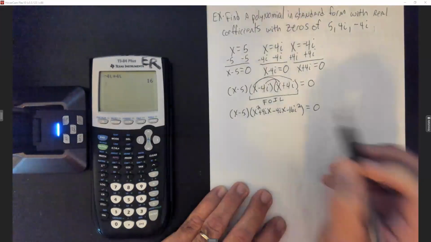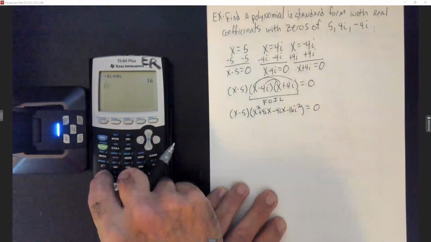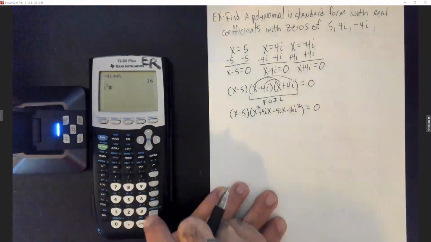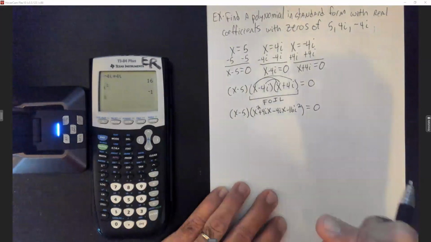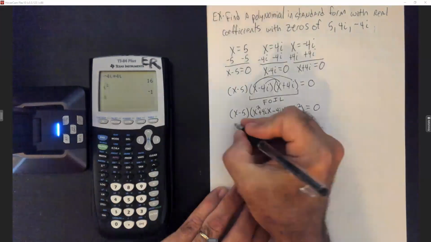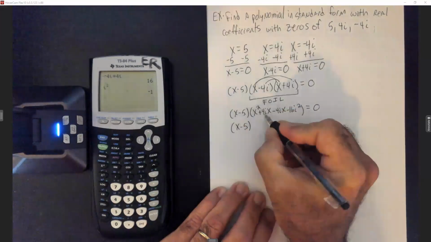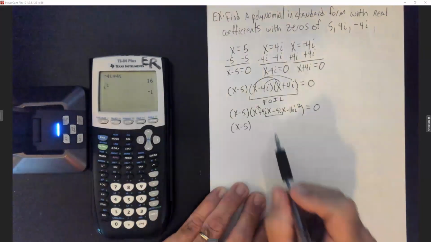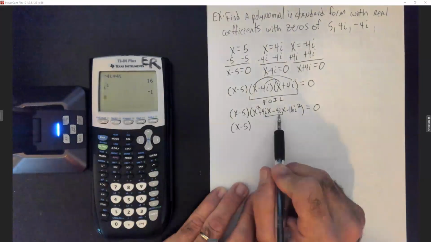But watch this. If you take this i and square it, the i squared part of this equals a negative 1. So watch this. I'm going to bring down the x minus 5. What happens to these like terms in the middle? I got a positive 4ix. I got a negative 4ix.